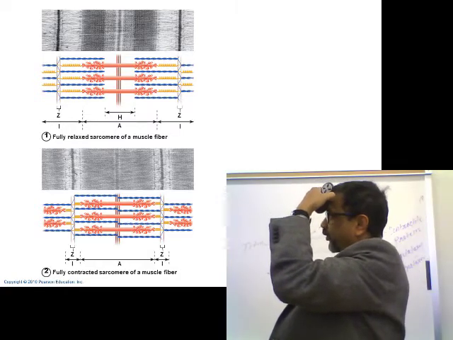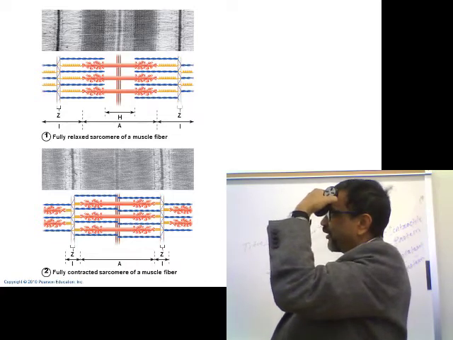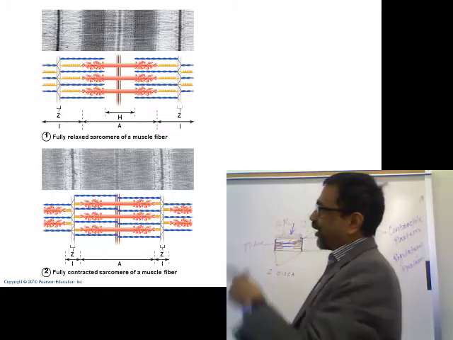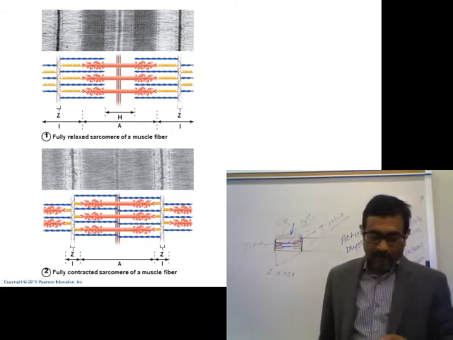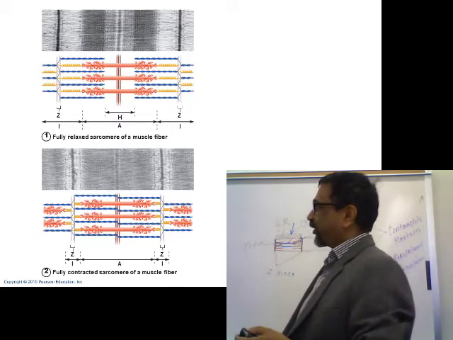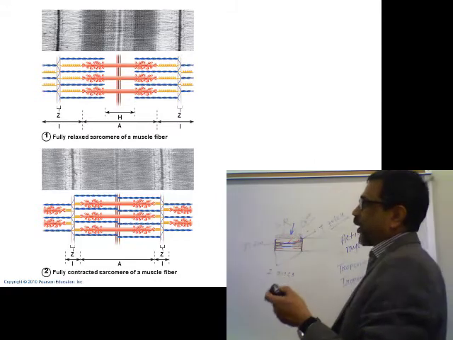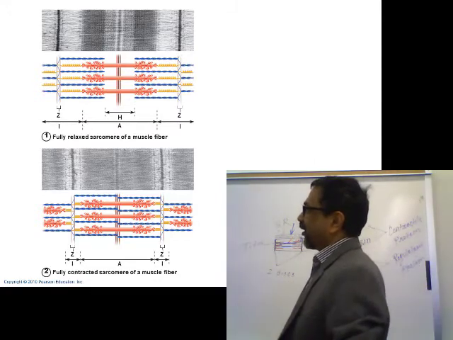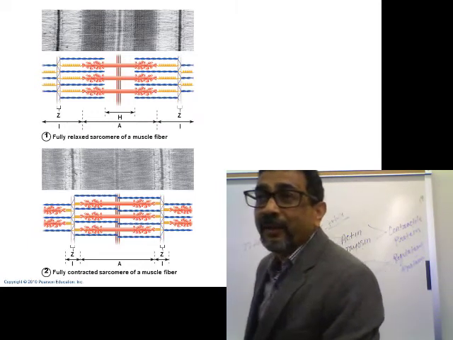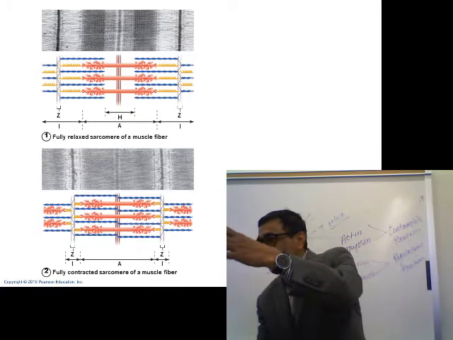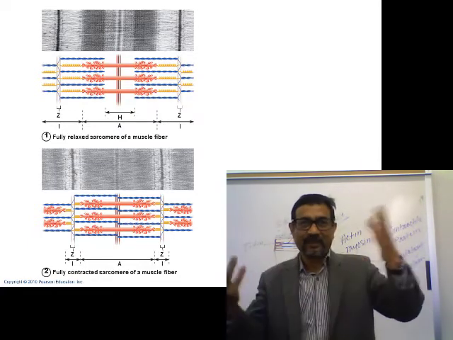Now, in a regular microscope, how does a sarcomere look in relaxed and contracted condition? In the topmost picture you see some bands or areas, dark and white. Why is that? That is very simple. When we see something under the microscope, we pass light from the bottom, right?